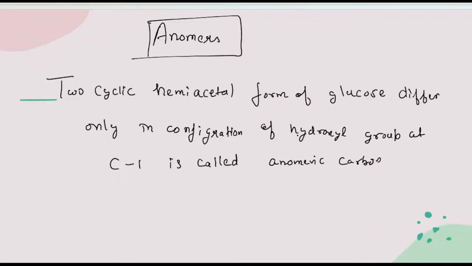If in the paper you don't remember two cyclic hemiacetal, just note: two different forms of glucose which are different in configuration at the first carbon only. It's enough for the definition of anomers.